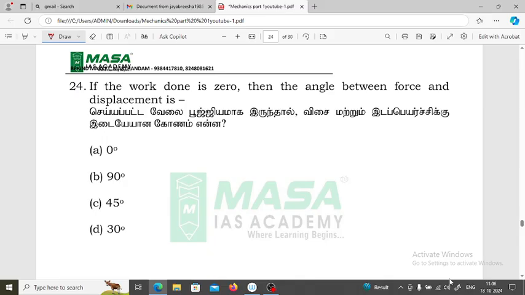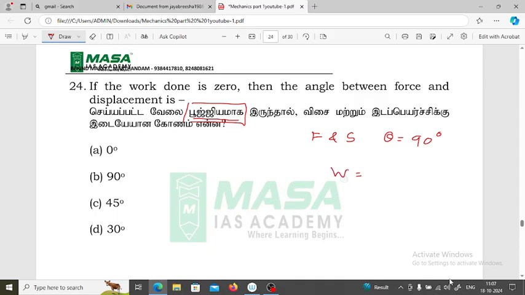When is work done 0? When the angle theta between force and displacement is 90 degree, work done becomes 0. We can check this.